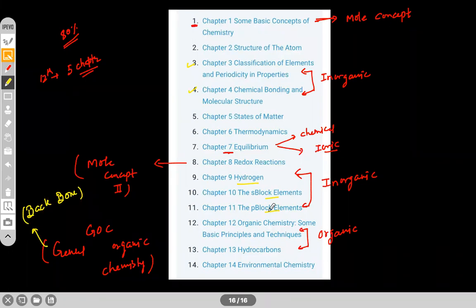So that's why my plan is I'll finish this chapter, mole concept, and then I'll take up general organic chemistry. Is it fine? Okay, so this is the entire plan of your 11th grade.